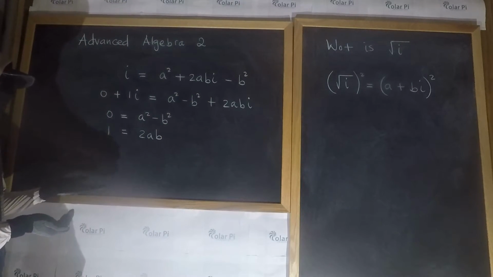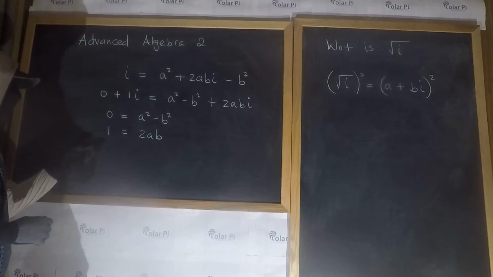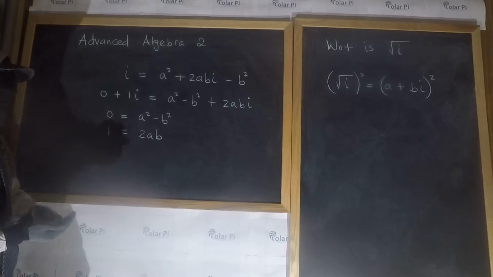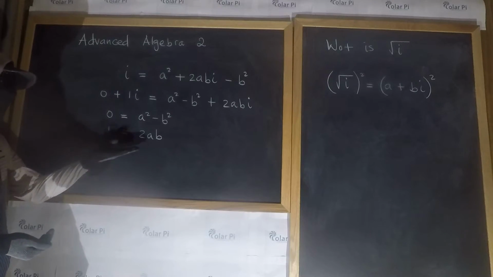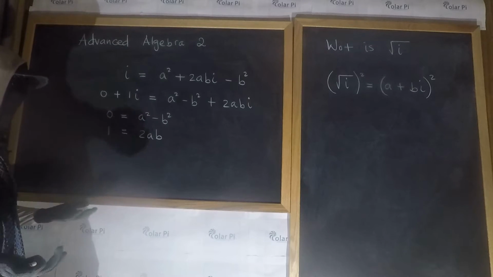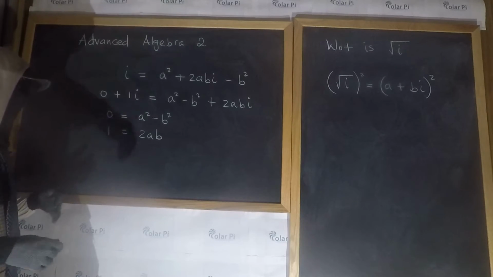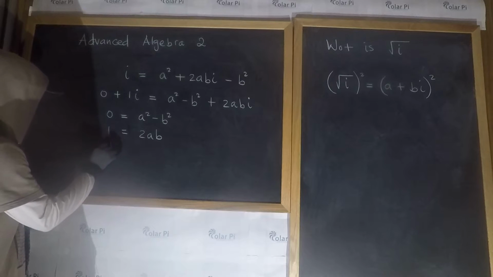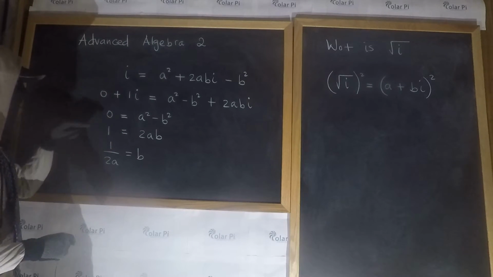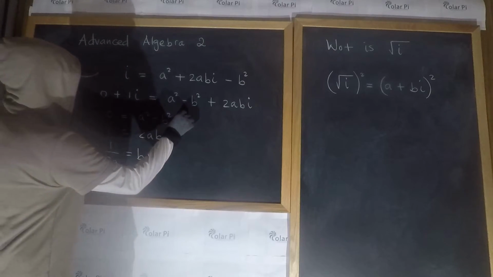Now this is just a system of two equations and two unknowns, and so we can solve it, say, by substitution. If we use the second equation to solve for a or b, then we could substitute in the first equation. We have a choice, so I'm going to solve for b. We write 1 over 2a is equal to b, and substitute in the first equation.